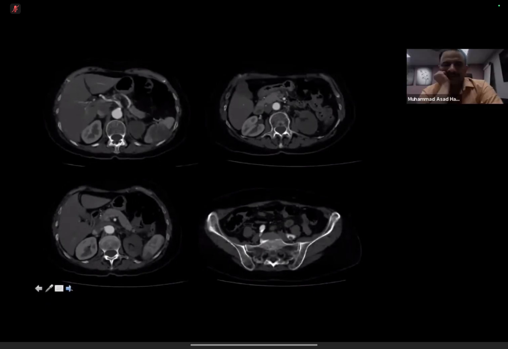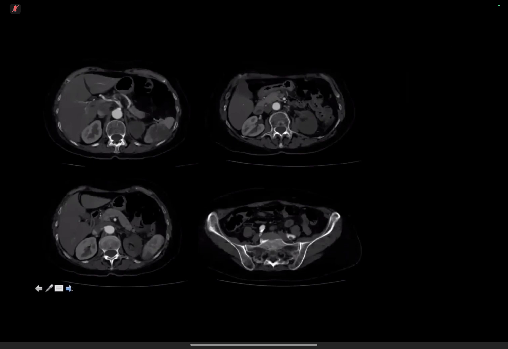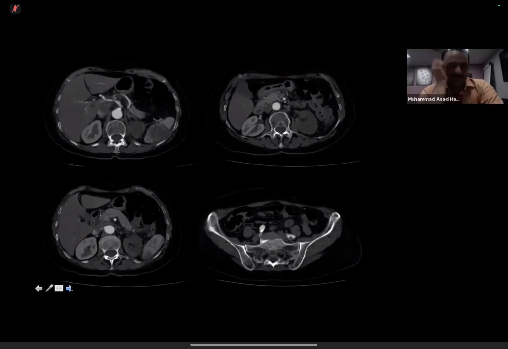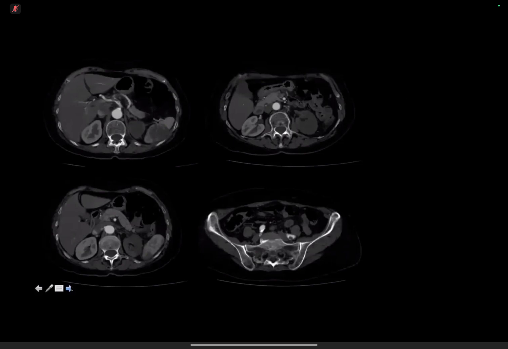Good. And checking the other vessels, the SMA looks fine. No. Yeah, the celiac axis has a saddle thrombus over the origin of the hepatic and splenic arteries.